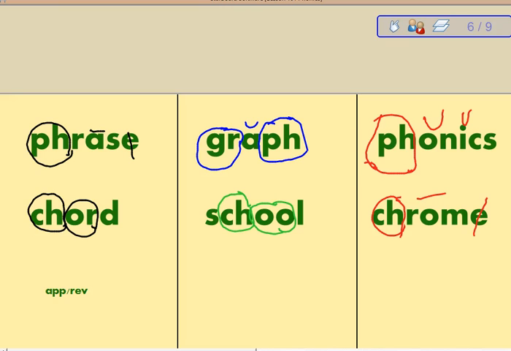Okay, how about this word right here? Graph. And this one right here. School. Now listen how you say that word. School. If we were to circle the SC, then we would be saying that the school. But we don't go to school. We go to school.